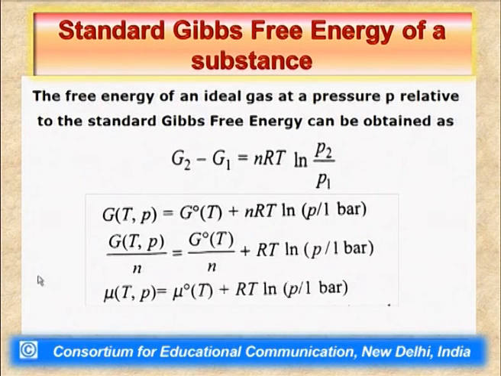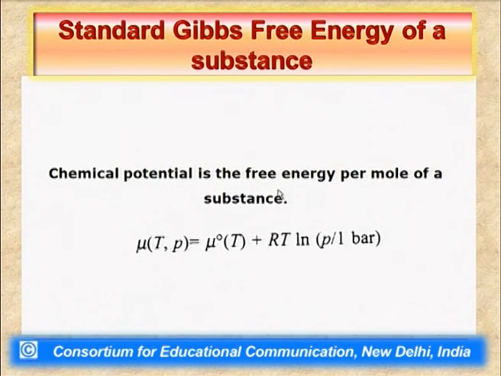Now, when we divide by the total number of moles, we get G divided by n equal to G standard by n plus RT ln P by 1 bar, with n cancelling. In the next equation we write G(T,P) by n as mu. Mu is called the chemical potential, and therefore G standard by n is mu standard, the standard chemical potential, plus RT ln P by 1 bar.